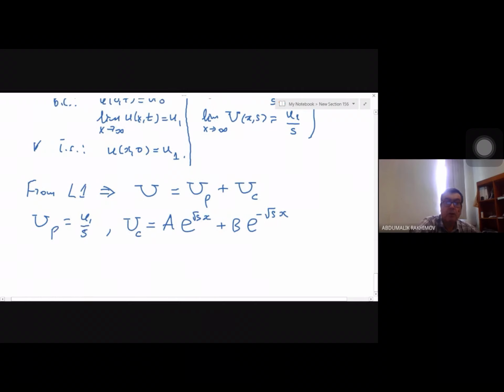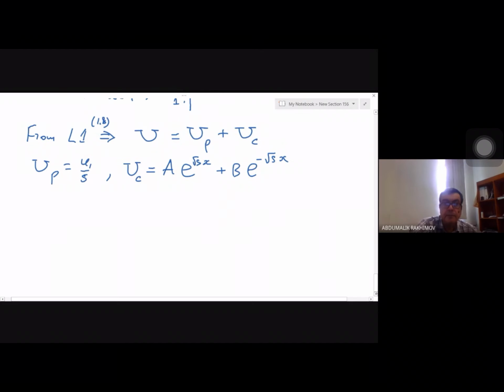So then u of x, s is equal to up, which is 1 over s, plus a times exponential root of sx, plus b times exponential minus root of sx.